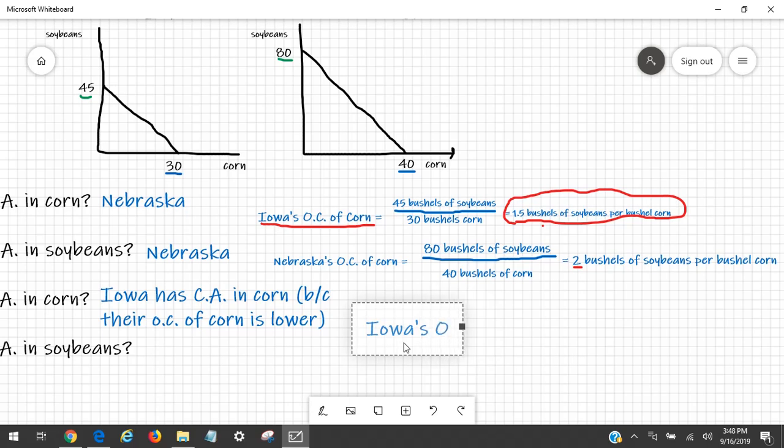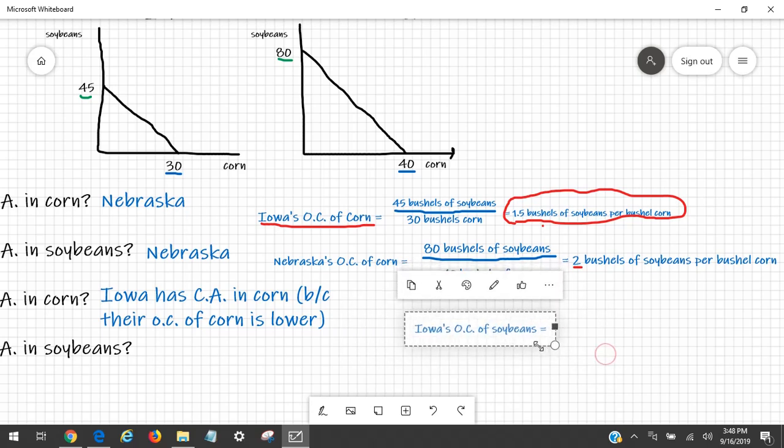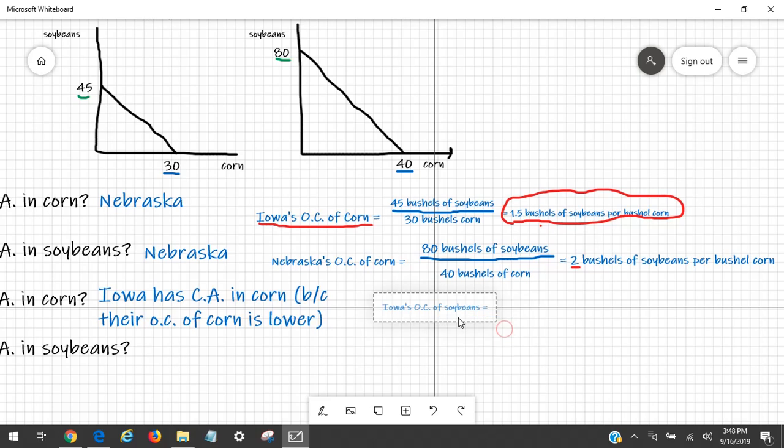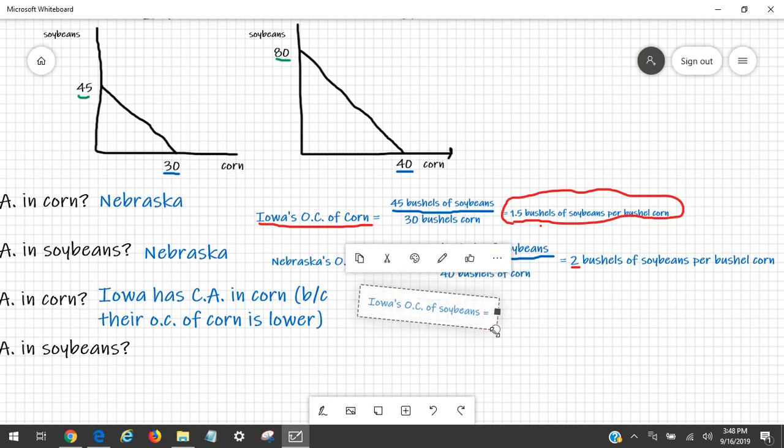So Iowa's opportunity cost of soybeans: in order to get soybeans, they're giving up corn.